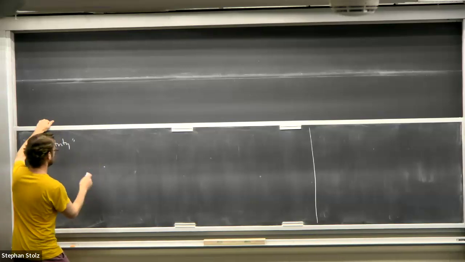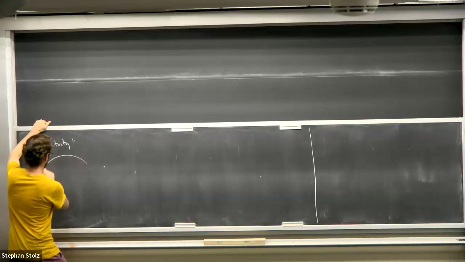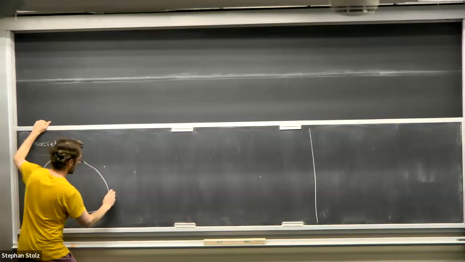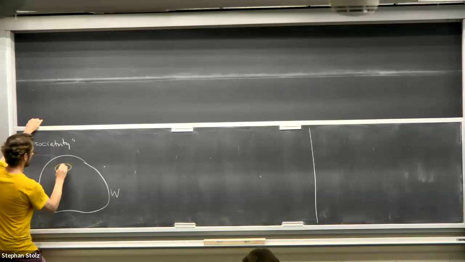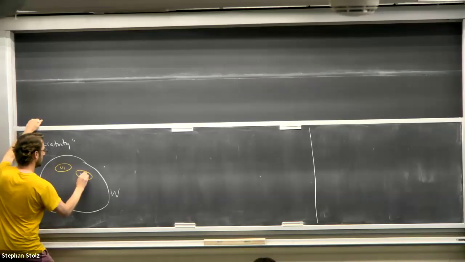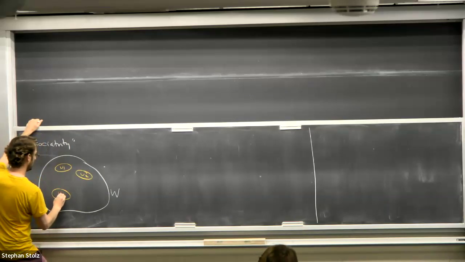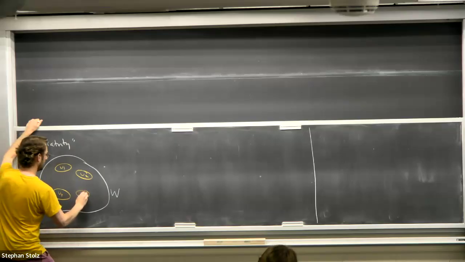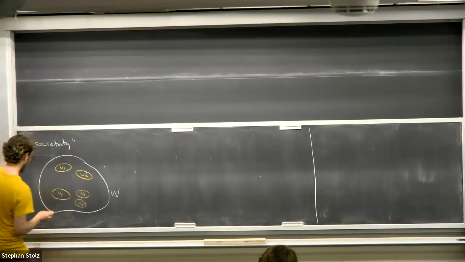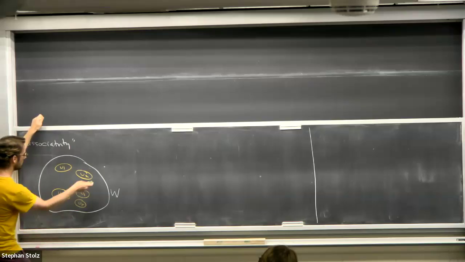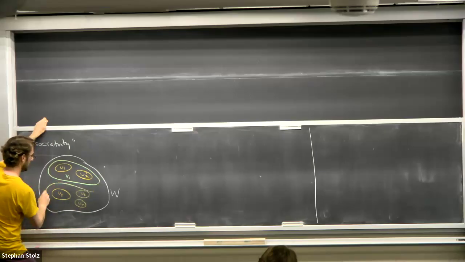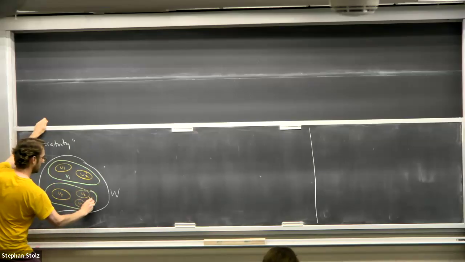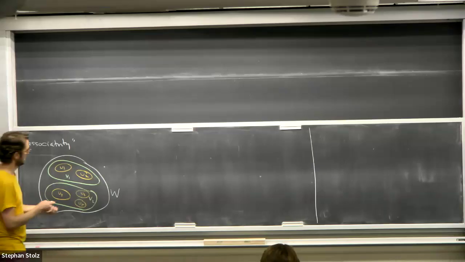Suppose I have some big open set W. Inside it, I have U1, U2, U3, U4, U5. I may regret trying so many things. There's some bigger open V1 containing U1 and U2.